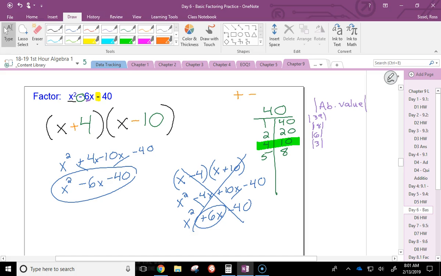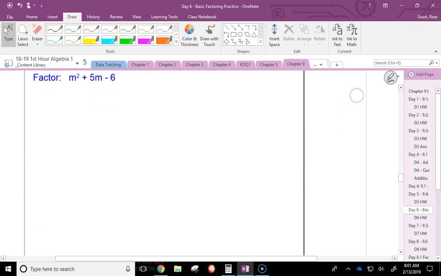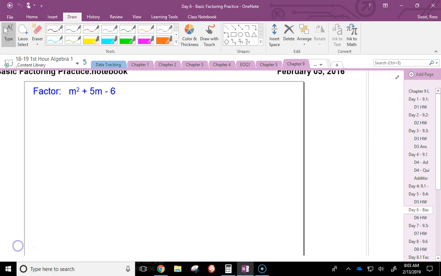If it's a positive number, make your larger factor positive. If it's negative, make your larger factor the negative. Go ahead and try this next one all by yourself. We'll go ahead and do it in just a second. Alright.